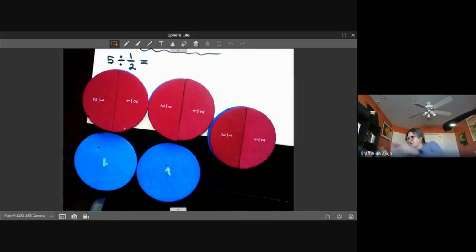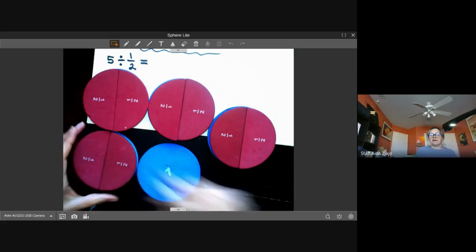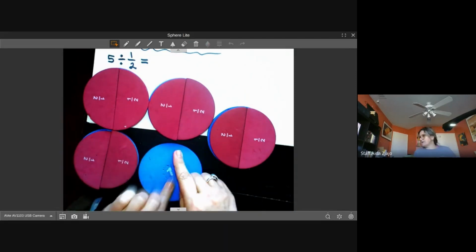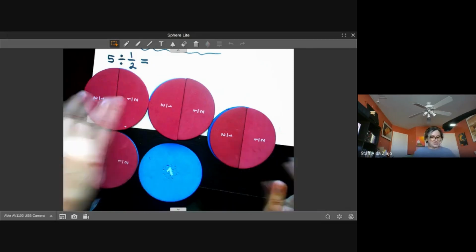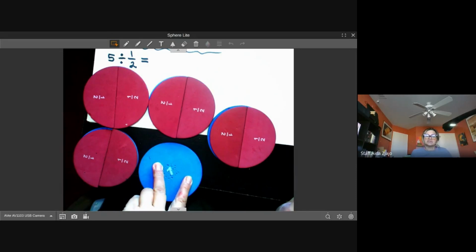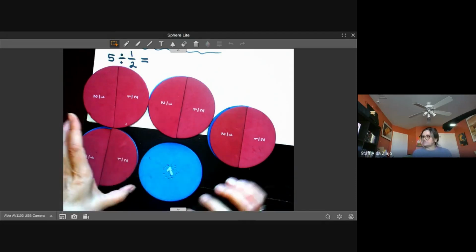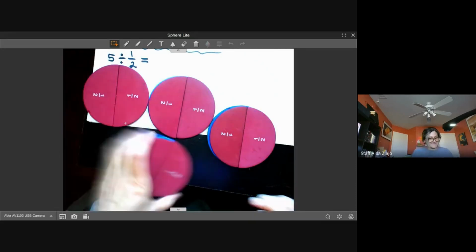And then if she cuts this one as well, she'll have another. So it will be 2, 4, 6, 8, 10 halves. So she'll be able to get 10 halves if she divides these 5 chocolates.